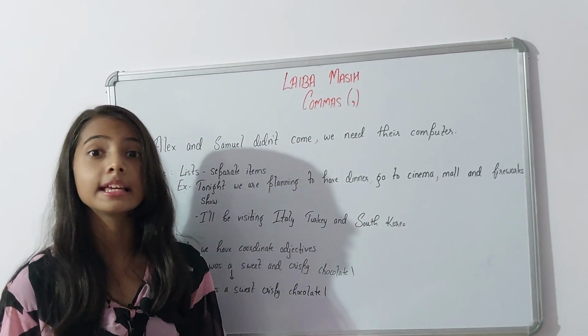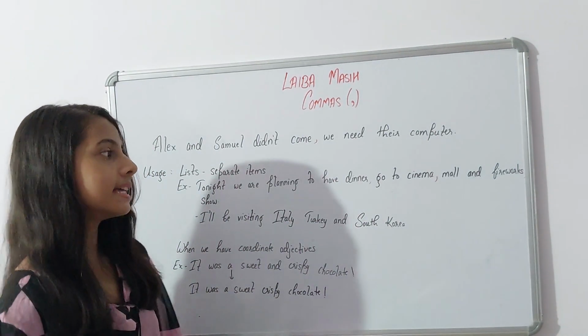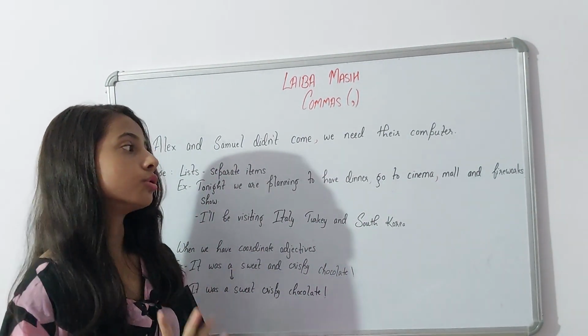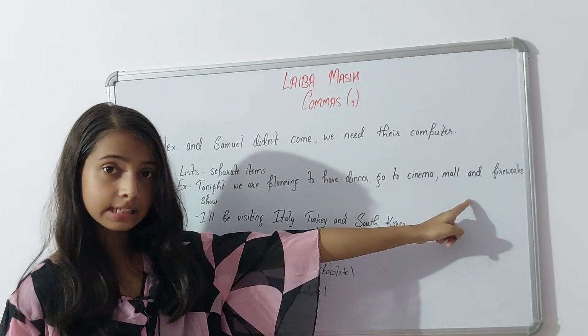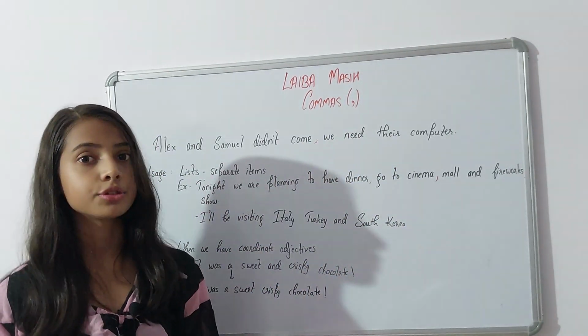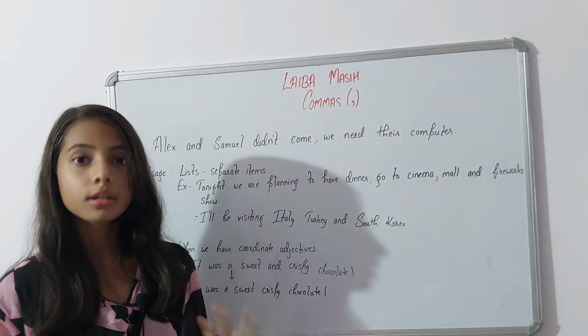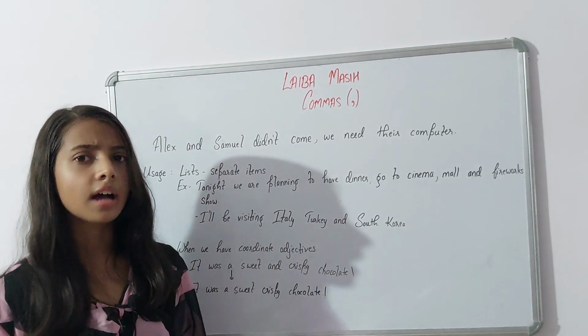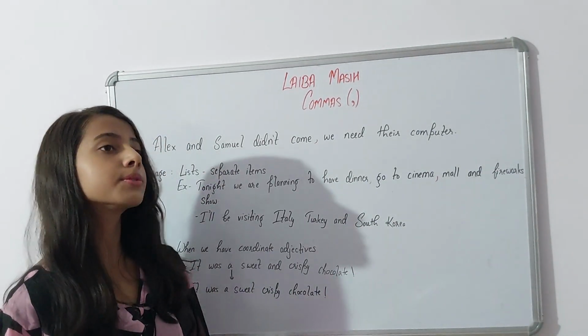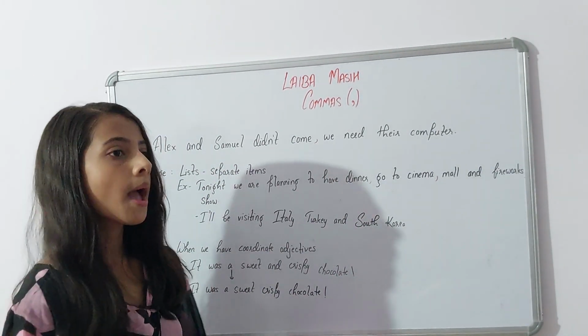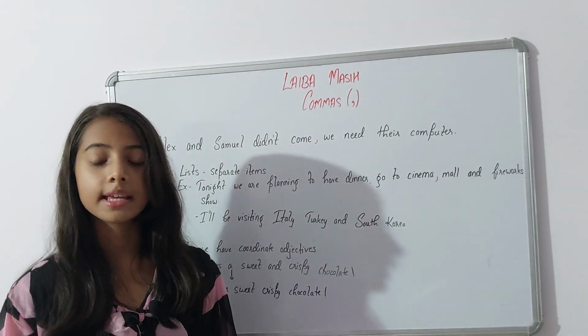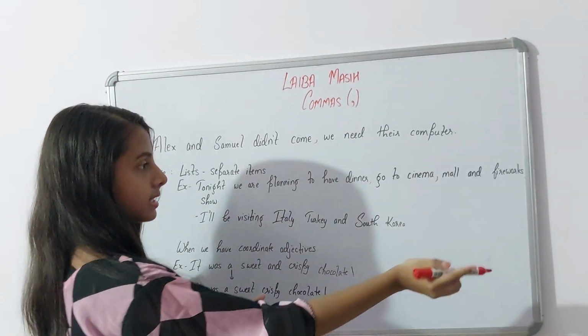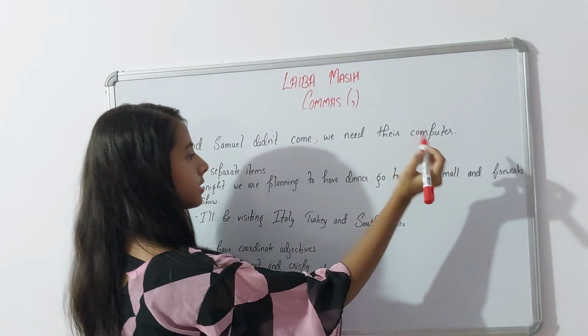So here one thing that should be noted is that Brits do not use a comma before and unless they have to make the sentence clearer, and if it's clear and there's no need to use the comma before and, they do not use it. But in America it is very common to use commas before and.